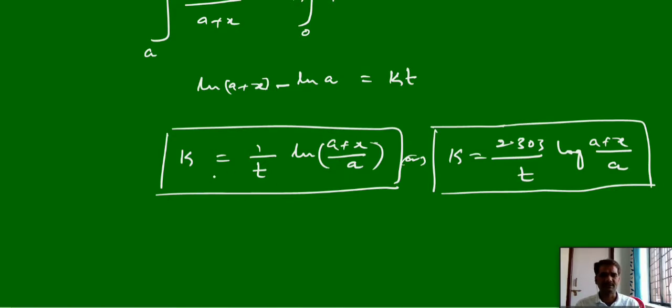In a regular first order reaction we have the formula a by (a minus x), which is a decrease in concentration, but here the concentration is increasing, so you will get this kind of rate constant.